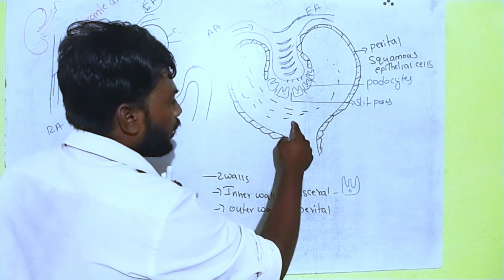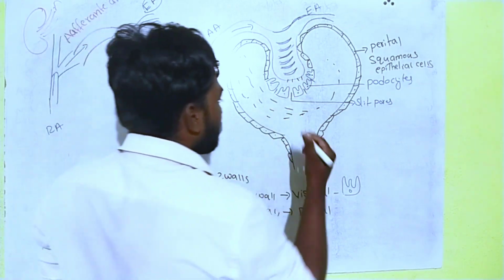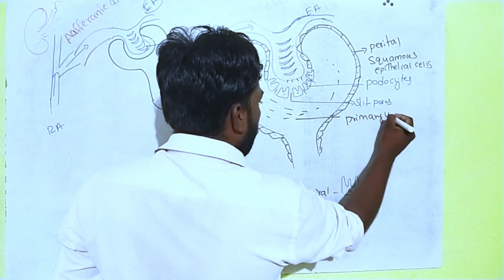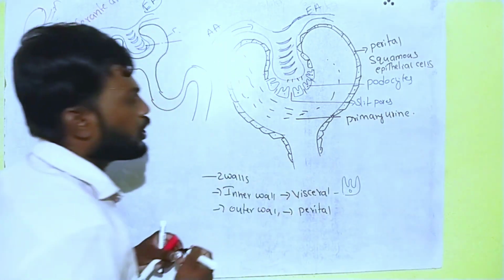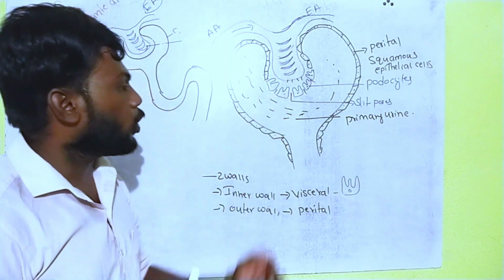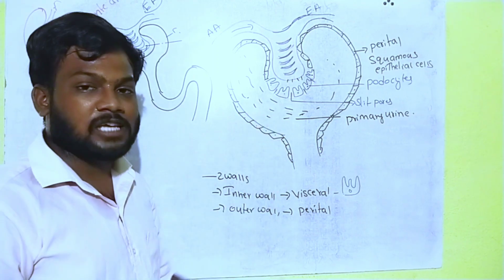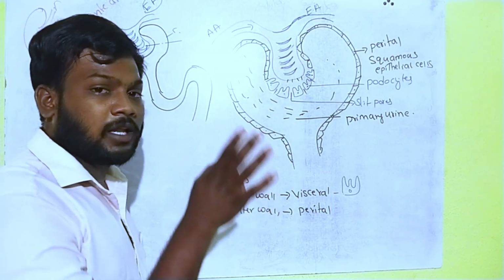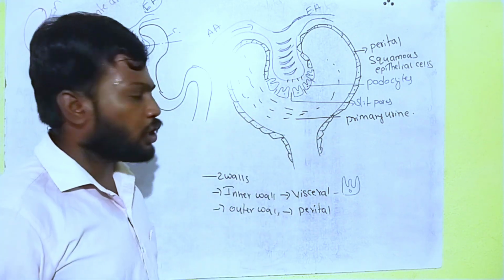This is not urine. This fluid we call primary urine. Why? Because in this fluid we have glucose, amino acids, some ions and water. That's why we do not call it urine. We call it primary urine.